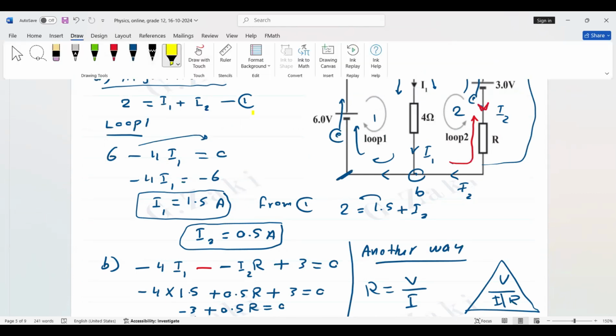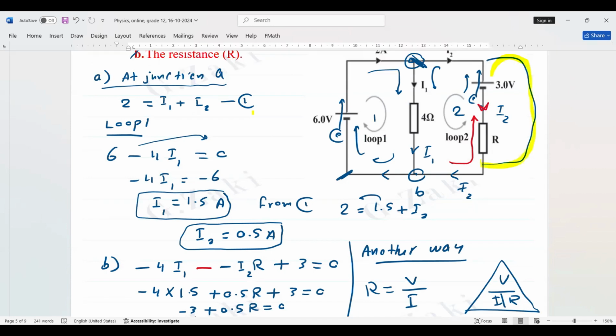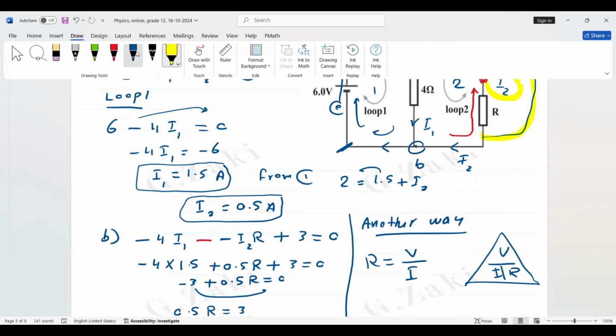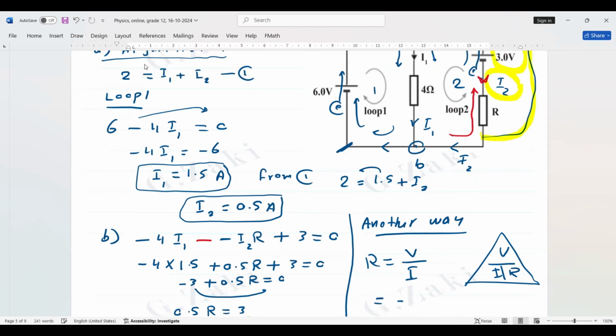In that branch, V equals 3. And the current is what? It is I2. Then we can get R. So R equals V, which is 3, divided by I, which is I2. I2, we got it before. It is 0.5. Equals 6. You can use any way.